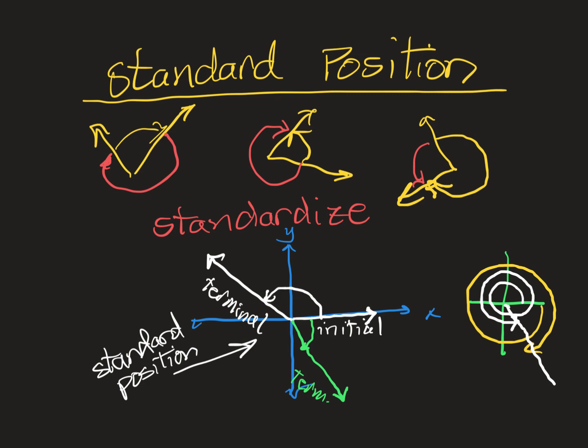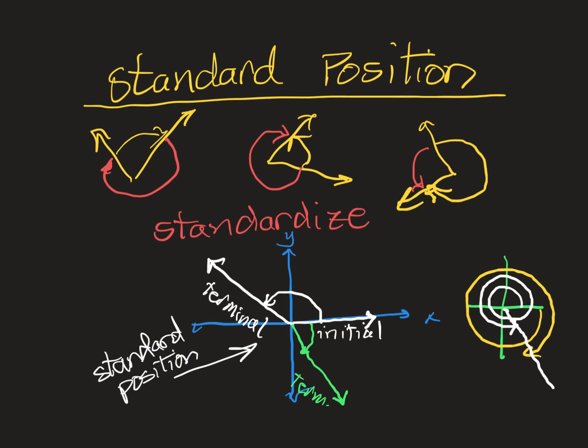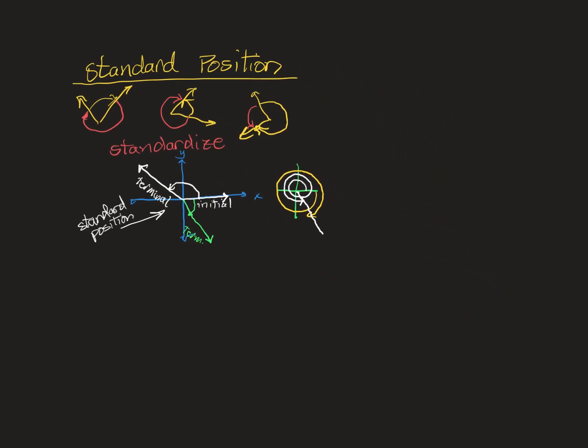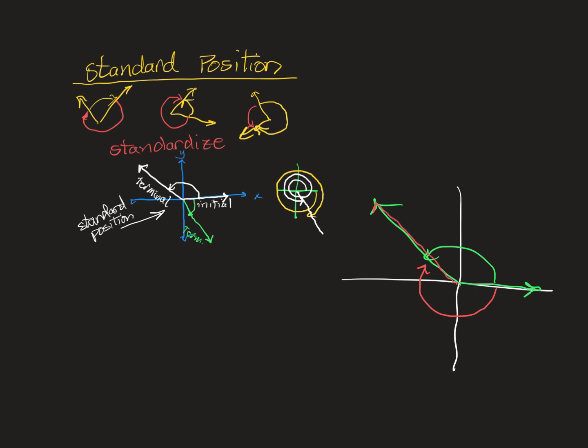You can notice that if we set up a coordinate system and we have an initial side and then we rotate and get a terminal side, we could also rotate in the opposite direction and end up with the same terminal side, okay?